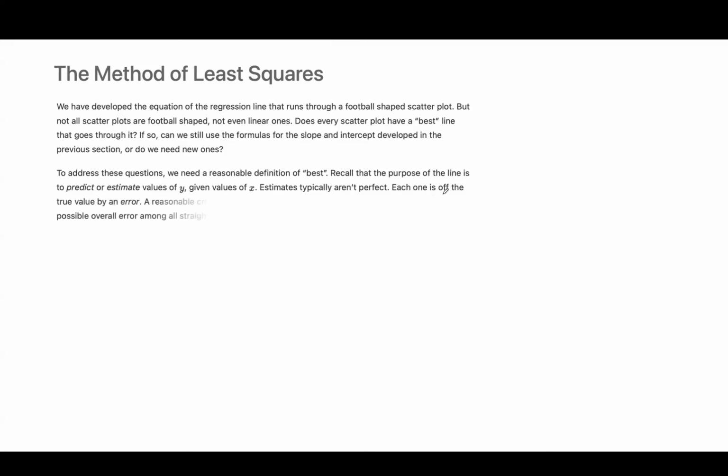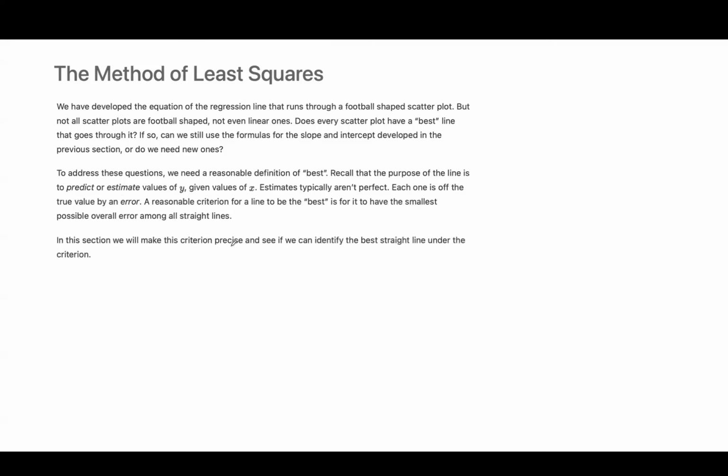Each one is off the true value by an error or a residual. A reasonable criterion for a line to be the best is for it to have the smallest possible overall error among all straight lines.